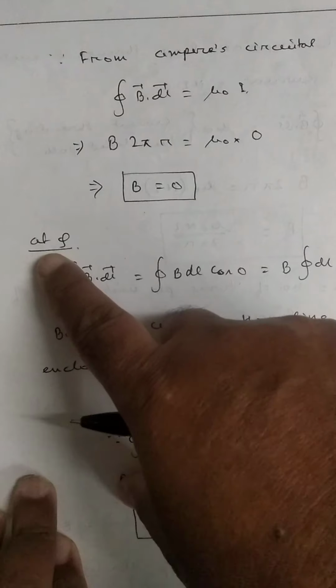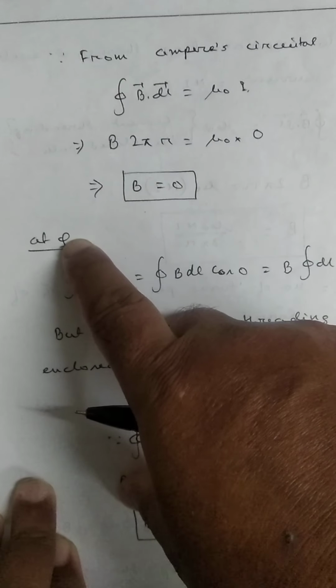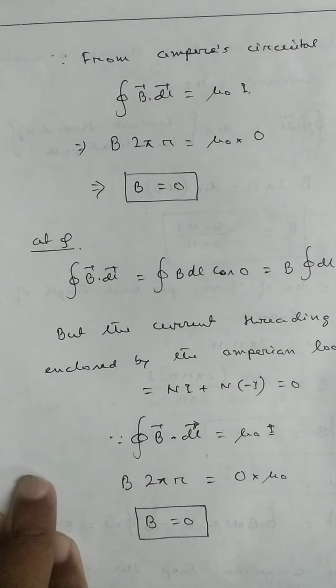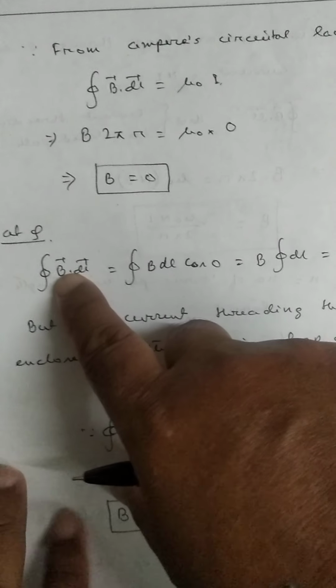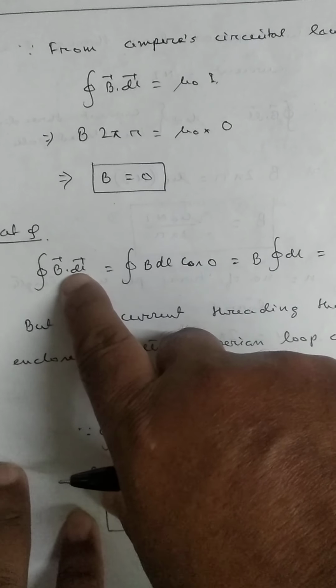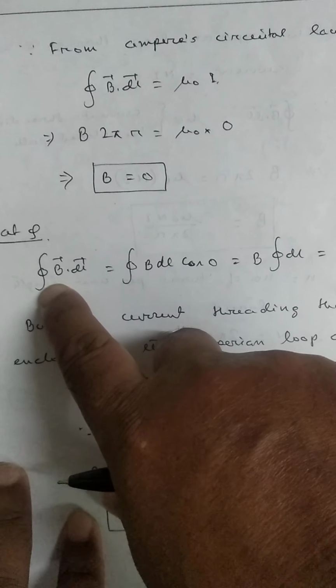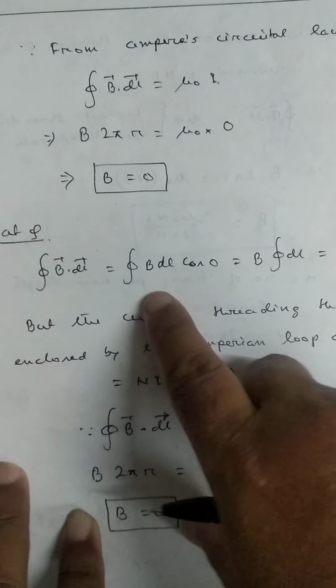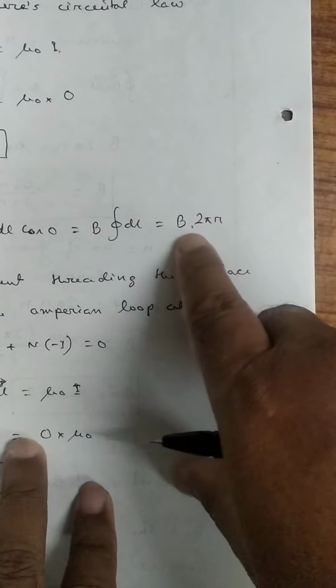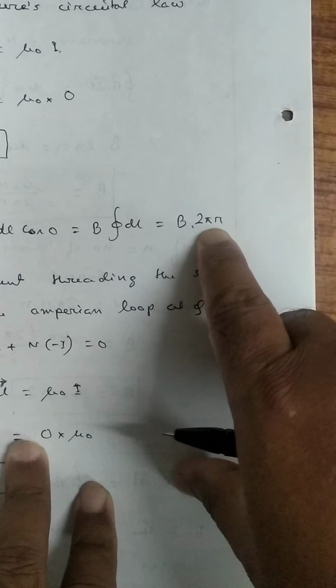Now we have to find out what the magnetic field is at the point Q. What is the point Q? It is outside the toroid. So what is B dot dl? Again B dl cos 0. So the closed integration of B dot dl around the Amperian loop passing through the point Q is equal to B into the integration of dl. What is the integration of dl? Again twice pi r.